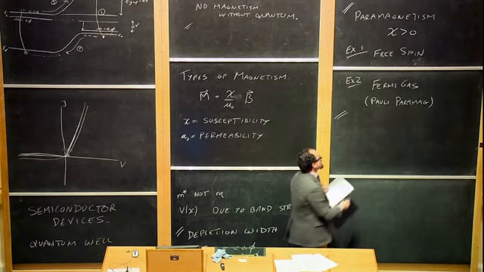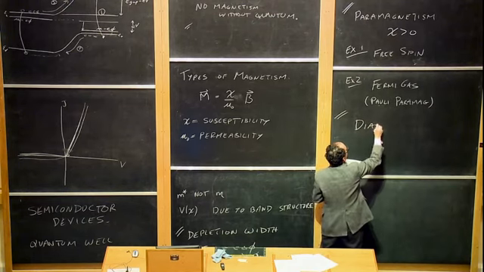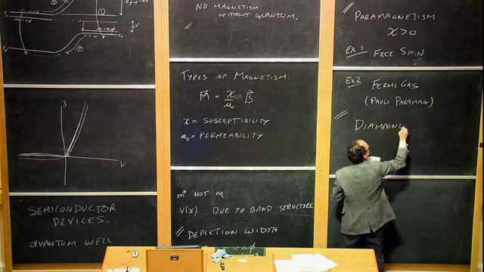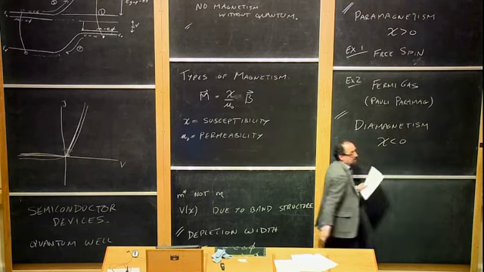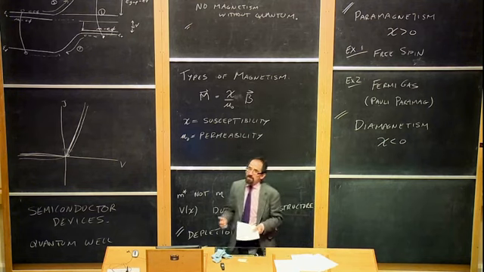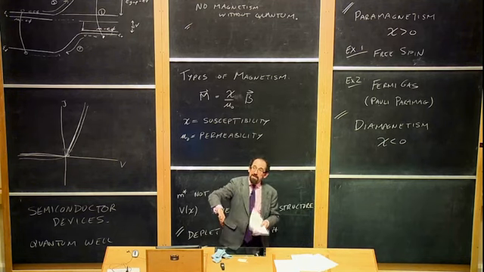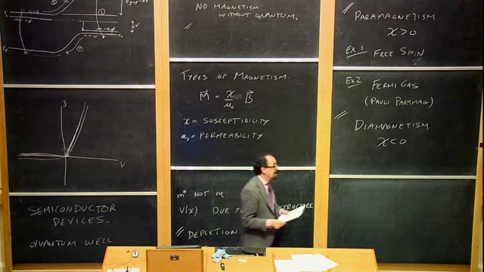So another type of magnetism, which is common, is diamagnetism, which basically means chi is less than 0. In other words, when you apply a magnetic field, the magnetic moment wants to point in the opposite direction as the magnetic field.